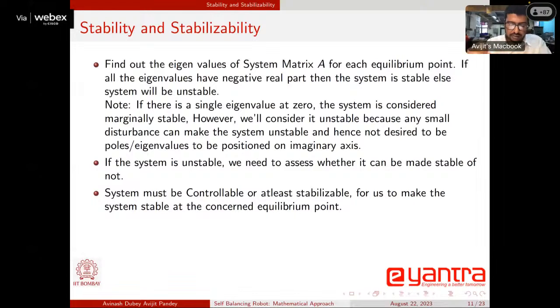as C. Oh, it is not there. Okay, I'll have to share again. So there's something called the controllability matrix. Once you calculate the A and B matrix of any system, you can easily check whether it is controllable or not.